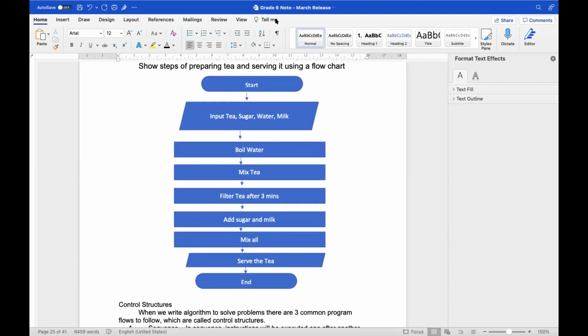Can you remember the names of them? What are the 3 ways of organizing the instructions? Can you remember the names?